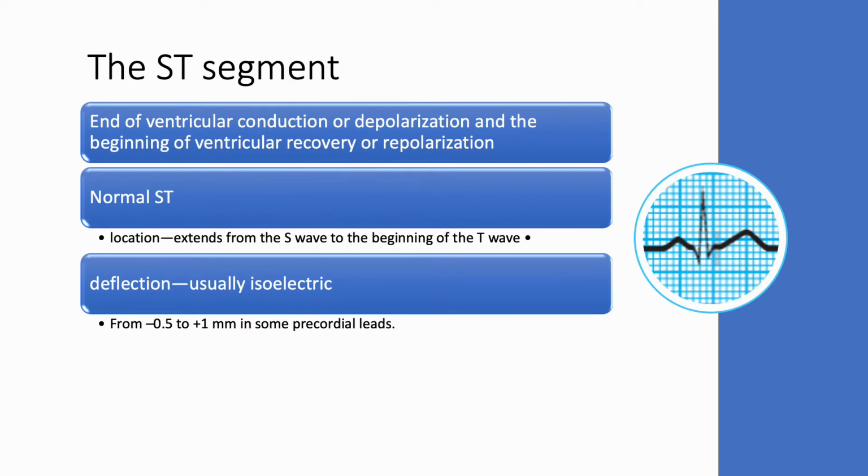So here this is the ST and this is the isoelectric. But in the chest leads, the ST may be 0.5 to 1 mm up, or it may be down. But remember, in the limb leads, this should be normal.